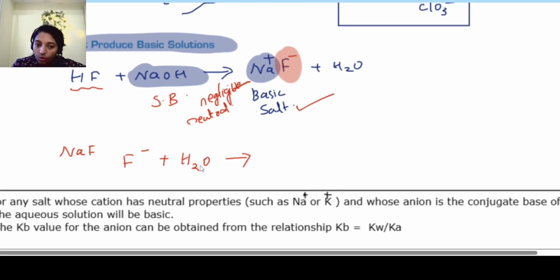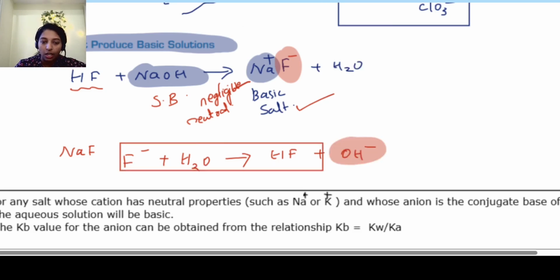Because I need to show F− is taking H+. If no one is there to donate H+, you can just add one H2O, so that you can show H2O is donating the H+ to F−. So H2O is acting like an acid. The formed species will be HF and OH−. See, they are forming OH−, so that's why it will be a basic character.